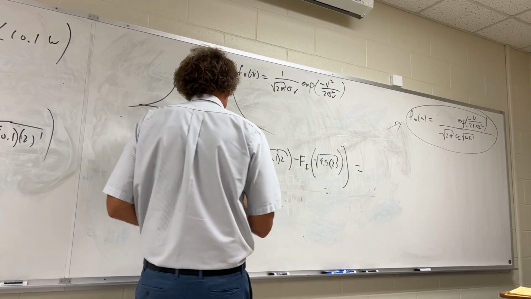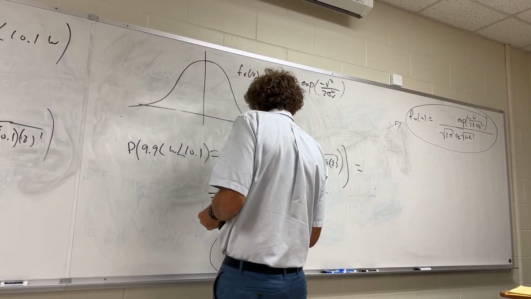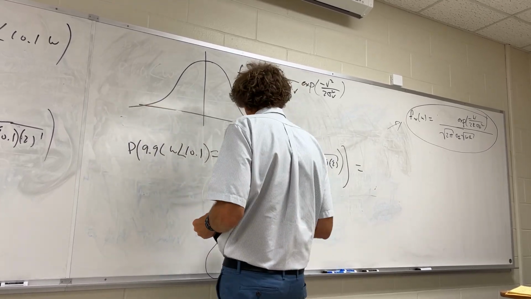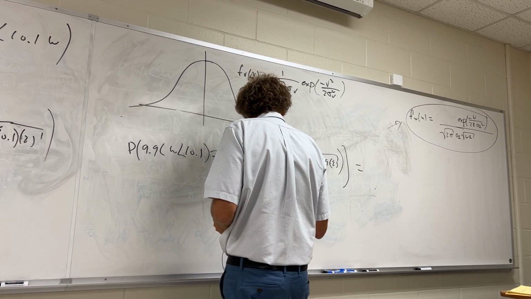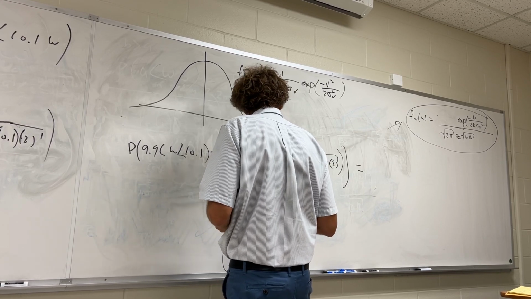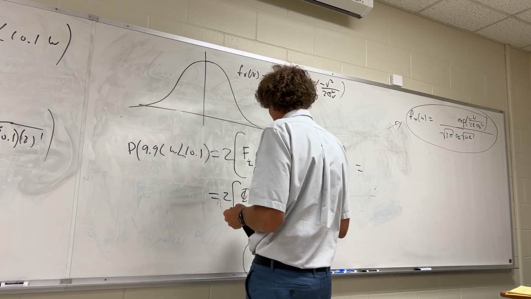Okay, we'll do it right down here. This is going to be 2 times the characteristic function. You can look in tables, or you can do this in your calculator. And it's going to be the square root of 10.1 times 2 over the standard deviation, which is 4, right?